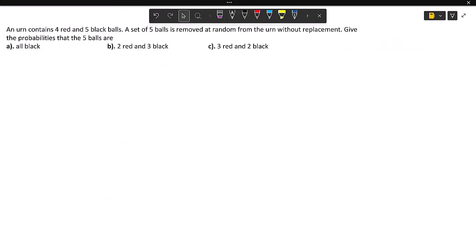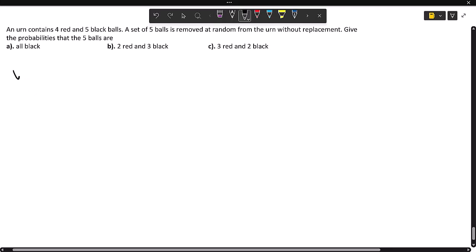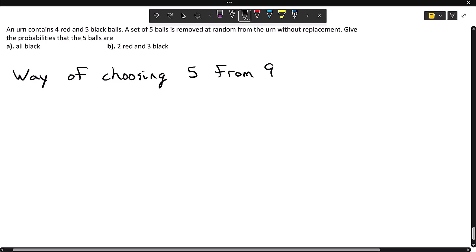In this example, we're going to look at probability. It says an urn contains 4 red and 5 black balls. 5 are removed at random from the urn without replacement. Give the probabilities that all 5 are, starting with, all black. Okay, so we need to consider how many ways there are of choosing 5 from the total of 9, and that would be 9 choose 5, equal to 126.